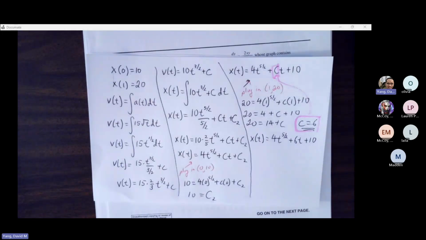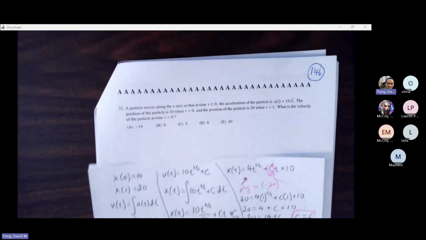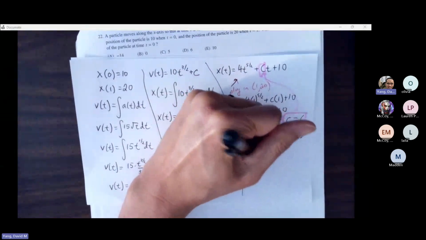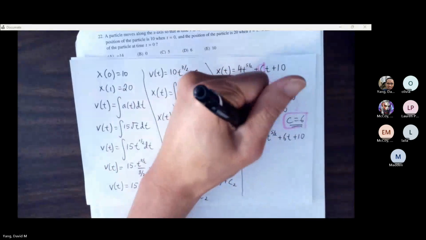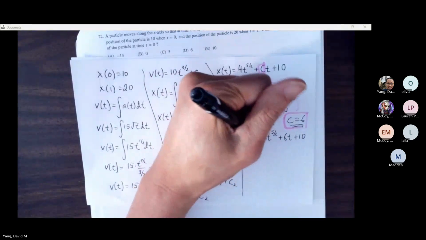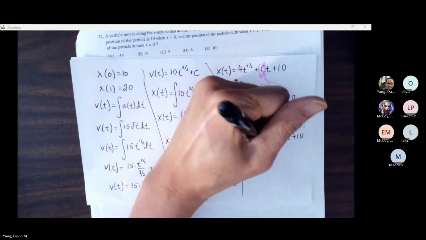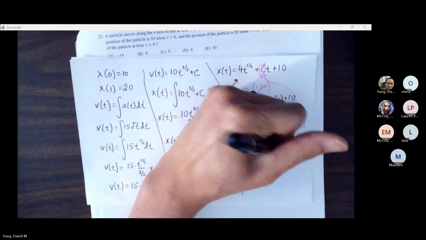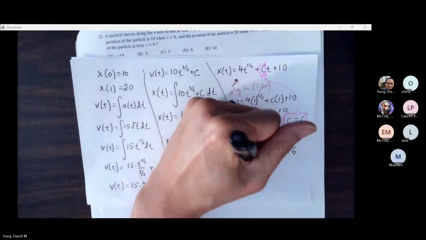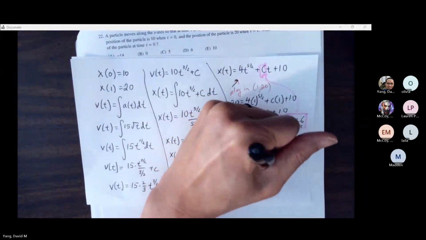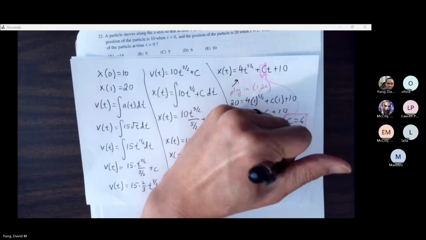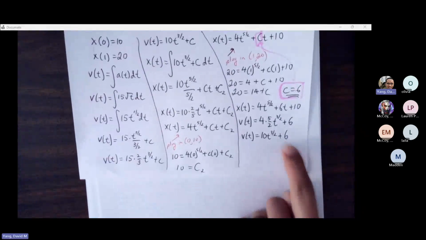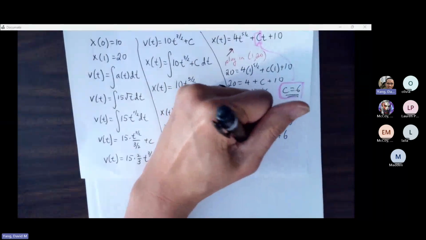So now the problem is asking, what is the velocity of the particle at time t equals 0? So now I'm going to just make my way down to velocity again. Now, if I plug 0 in, the only value that's left is 6.